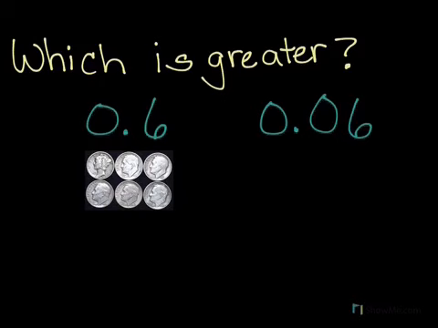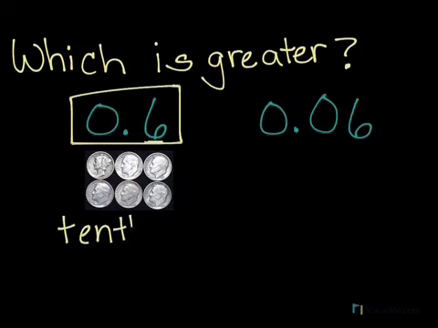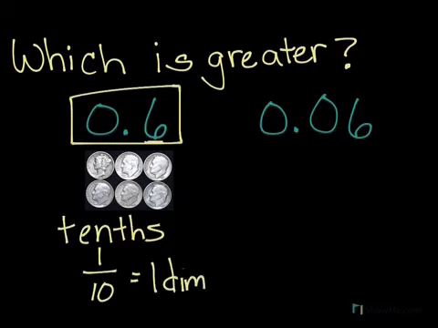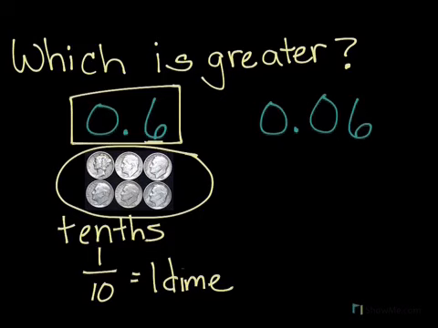When I look at this first decimal, I know that the 6 is in the tenths place. A tenth, 1/10, equals 1 dime. So this decimal is equal to 6 dimes, and we would read it as 6/10.